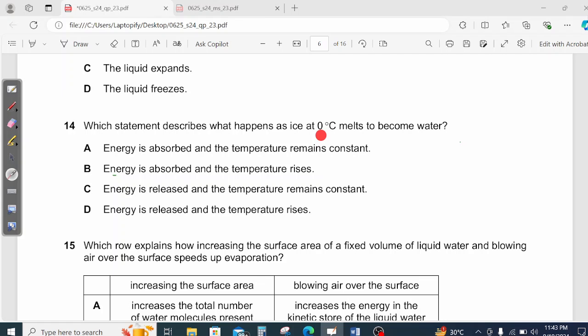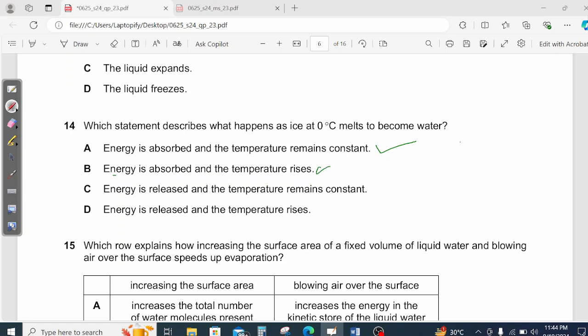Remember, during the melting process the temperature remains constant, but heat is absorbed by the material. So look at the options: heat energy is absorbed, yes, otherwise it will not melt, and temperature remains constant. So your option is A. If you look at the second option, energy is absorbed, temperature rises.